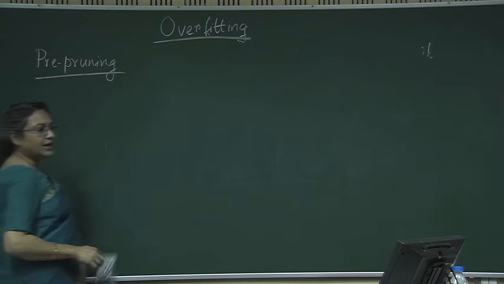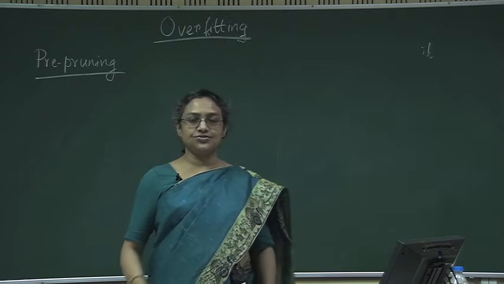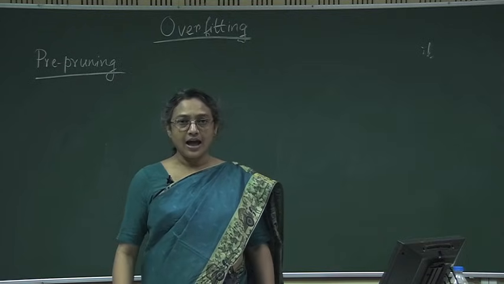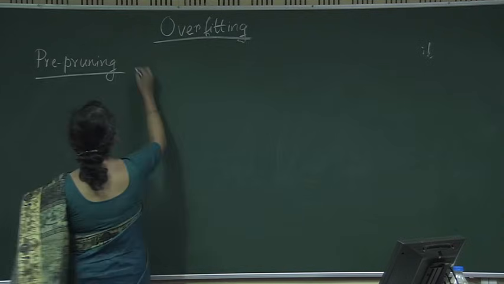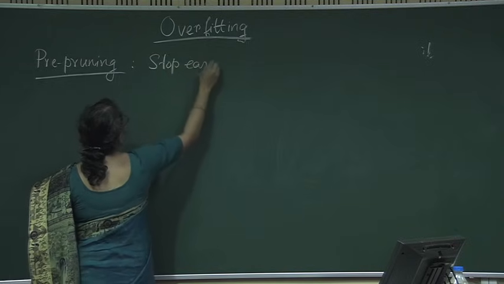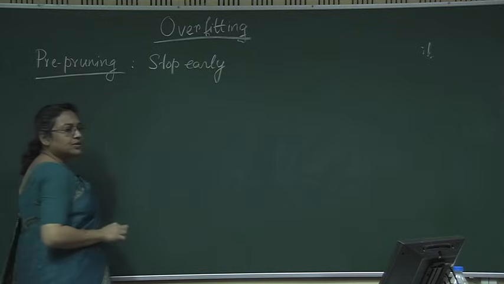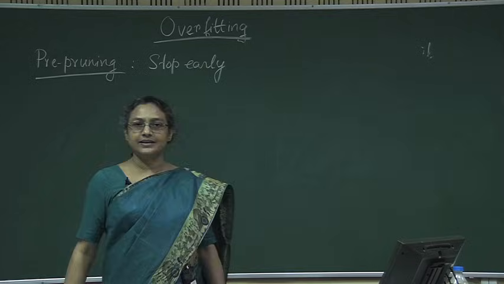Pre-pruning is a method of pruning decision trees to deal with overfitting, and what pre-pruning involves is stopping early. And when do you stop? You stop when the data split is not statistically significant.